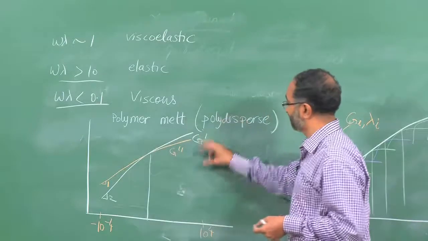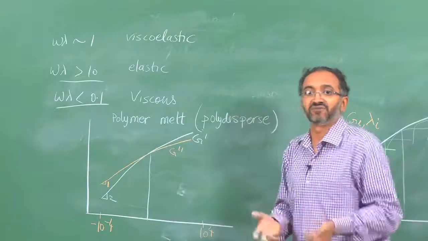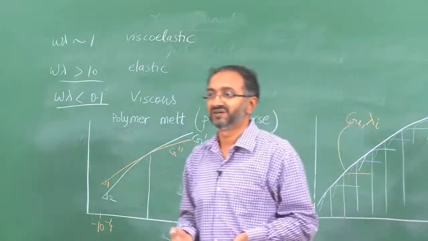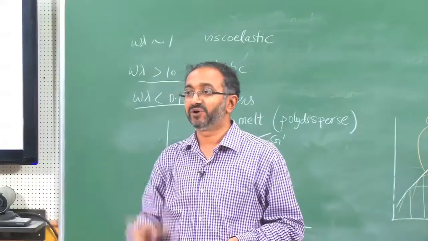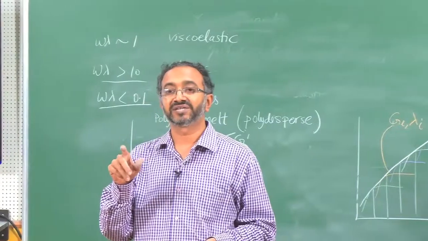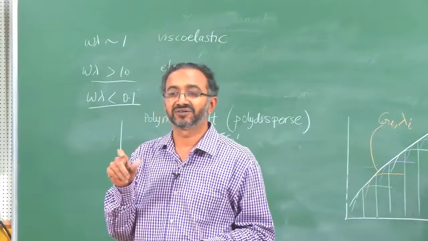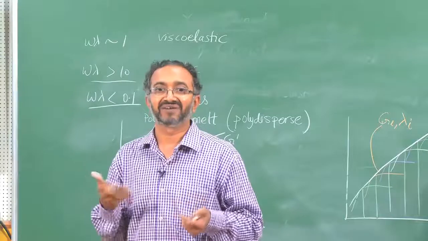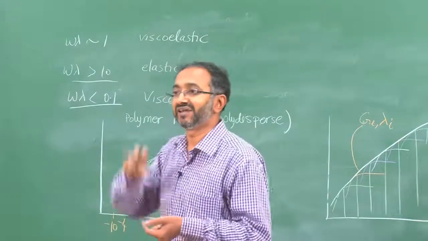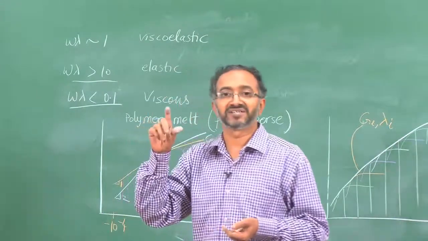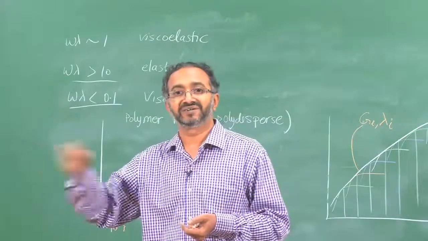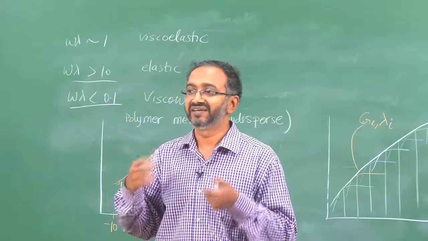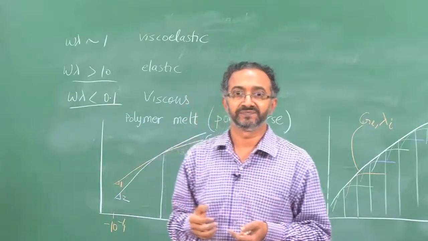And of course, polymer melt does not show elastic response, just like water also does not show elastic response for most mechanical frequencies unless I go to very high frequency, because if we are able to see time scales which are related to bond vibrations of water and things like that, then we can have elastic response. Similarly the bond vibrations, the CC bond, CH bond, all these things which are there in a polymer, if we go to very high frequency, only then we will see a perfectly elastic frozen response.